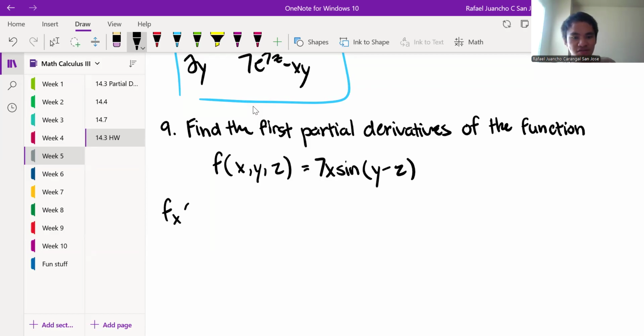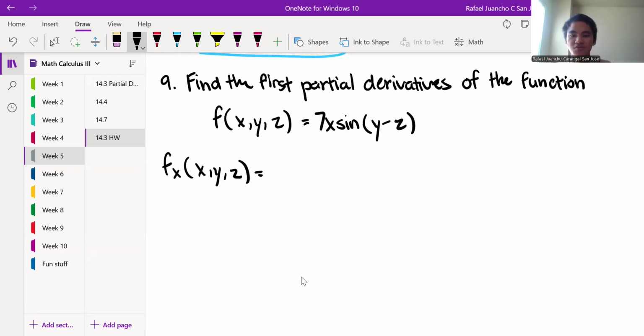Let's first find the f sub x. So how do I do this? Well, I just take the derivative. Here I treat my y and z as numbers. Like this. Take their derivative. I do a chain rule here.